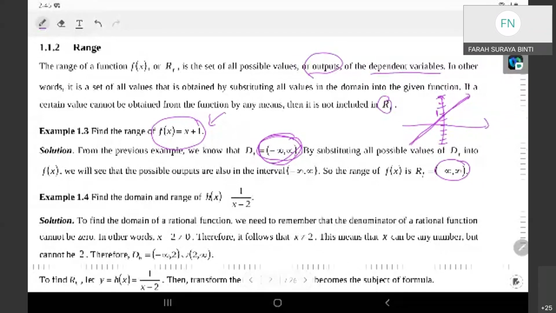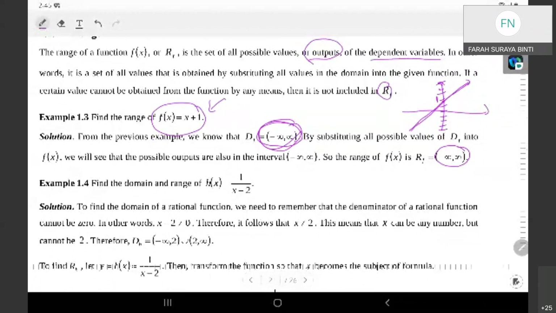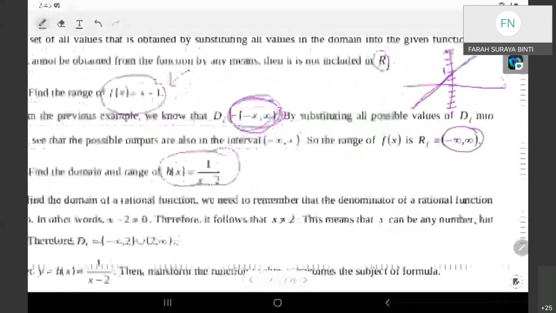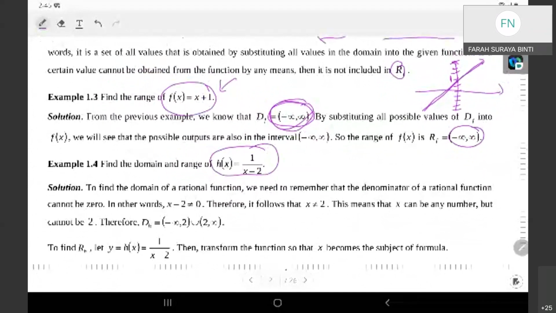And then untuk yang ni, example 1.4, kita nak cari domain and range untuk function ni. Ini adalah fractional function. Okay, so the solution, we want to find the domain first. Okay, kalau nak cari domain and range, awak kena cari domain dulu. Kalau tak cari domain, tak boleh nak cari range.